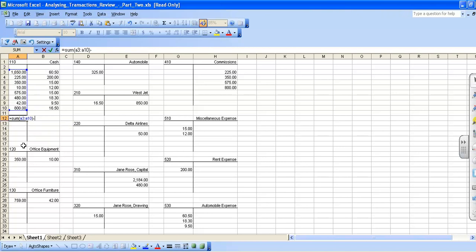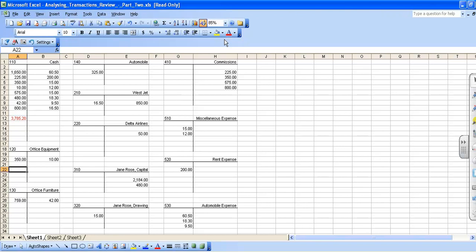And then we're going to subtract everything on the right-hand side of our account. And when we press enter, we will get our updated balance. And we're just going to make that red so that we know that that is the final balance.